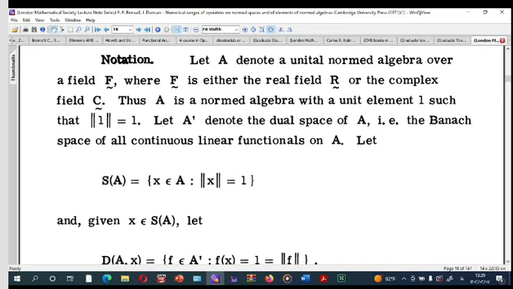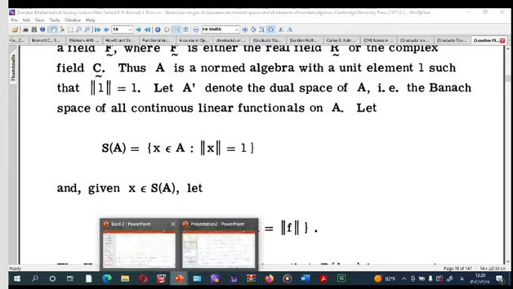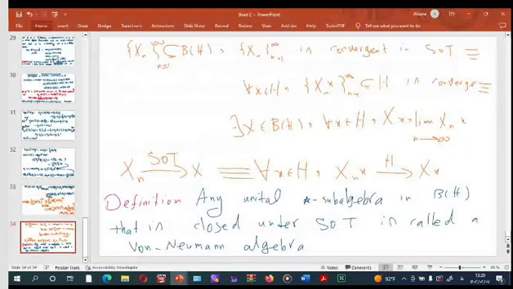Let S_A equal the set of all x such that the norm of x equals 1, and for any x in S_A, define D(A, x) equal to the set of all f in A prime such that f(x) equals 1 and this equals the norm of f. So that we have this definition.